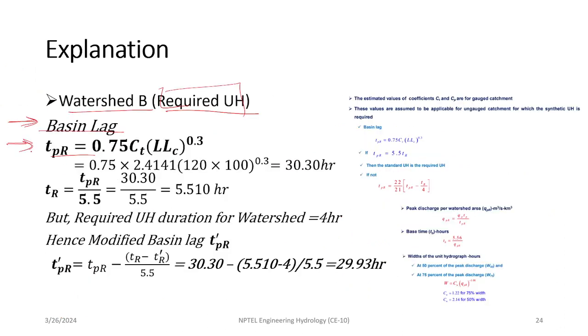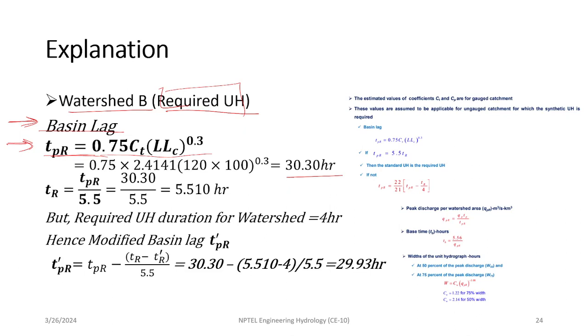Using this empirical relation for TP, compute the value and tell me how much basin lag you are getting. TPR is equal to 0.75 L LC times CT.